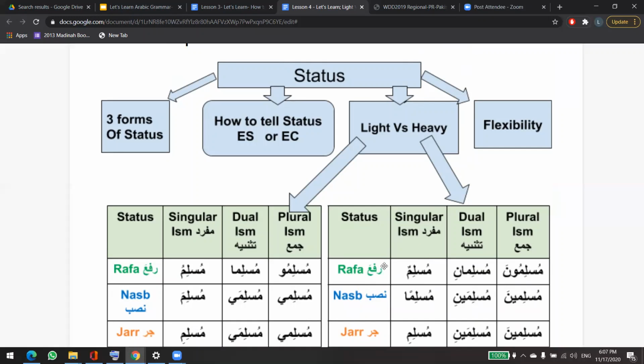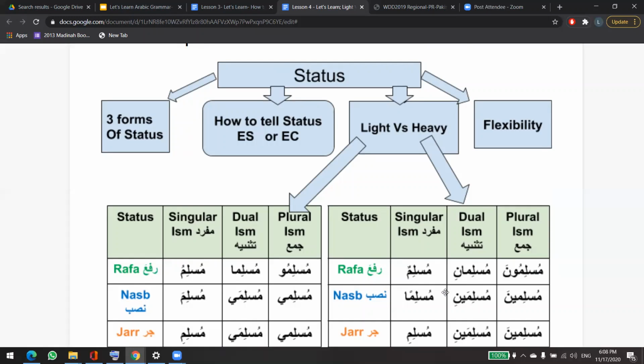For dualism we have Muslimani, Muslimaini, Muslimaini. So both nasab and jar have aini at the end, while rafa has ani. And in pluralism we have Muslimuna, Muslimina, Muslimina. Both nasab and jar are the same form.